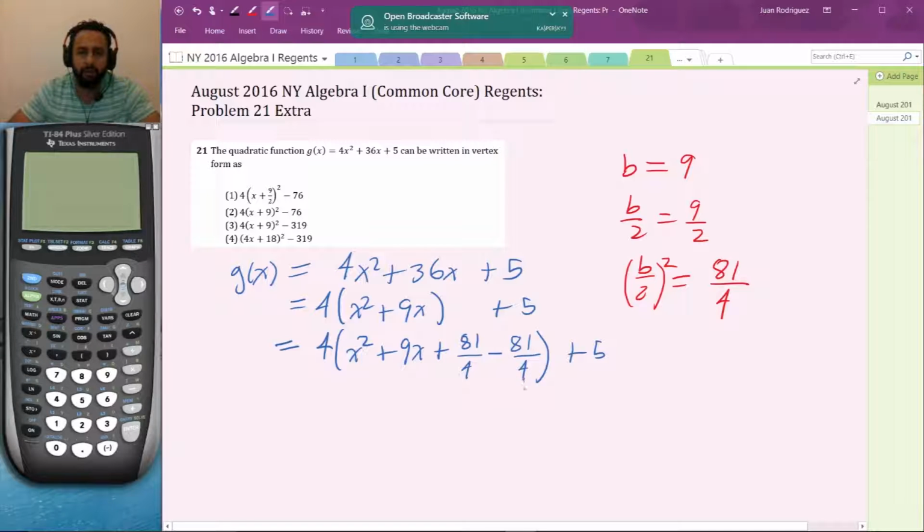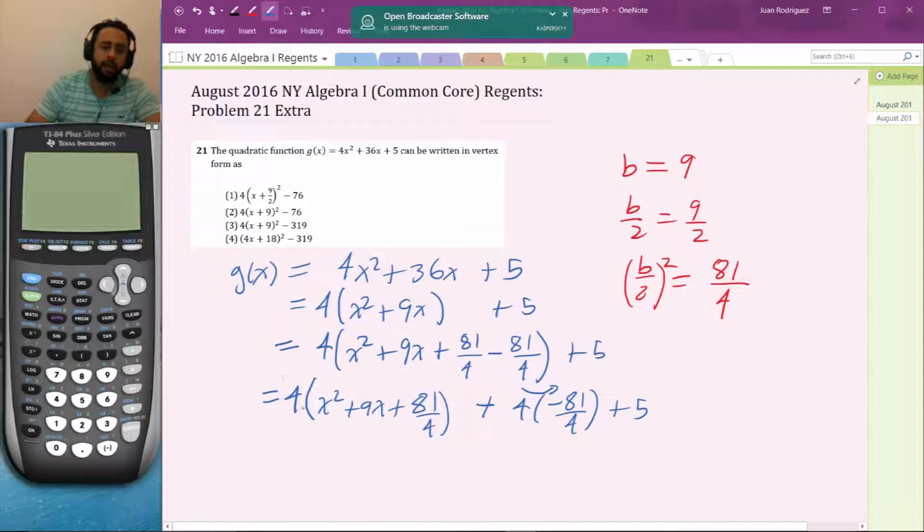Okay, now I'm going to take this 81 over 4 out by distributing it with the 4, so this is equal to 4 parentheses x squared plus 9x plus 81 over 4, and then plus 4 times negative 81 over 4, and then plus 5.